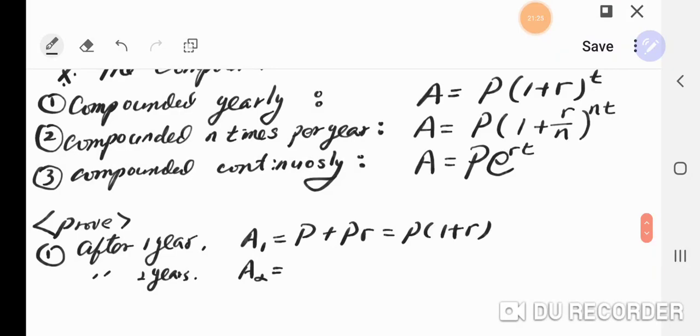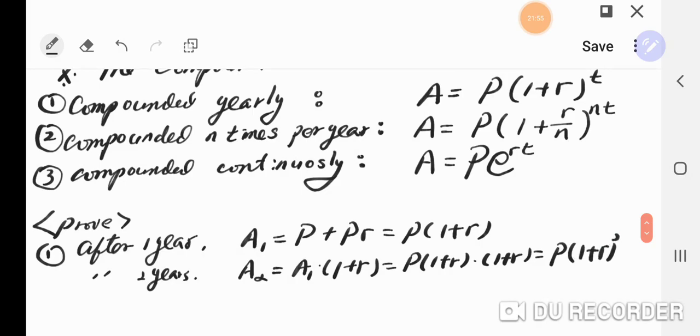So after 2 years, it will be the amount after the first year times 1 plus R. So 1 plus R will be multiplied every year. A1, the amount after the first year, is P times (1 plus R), multiplied by another (1 plus R). Then this will be P times (1 plus R) squared.